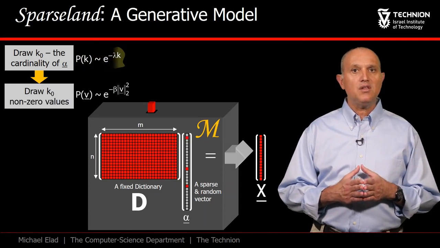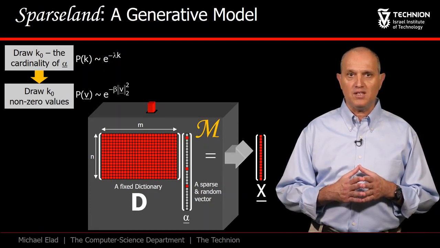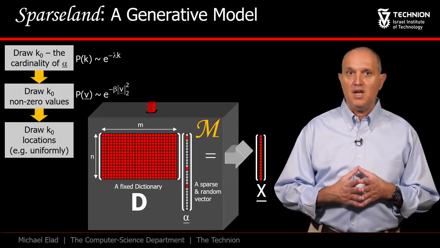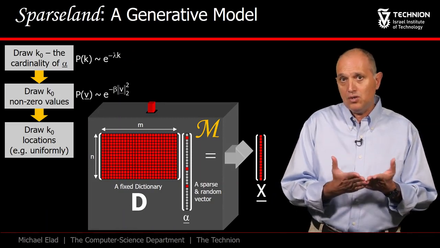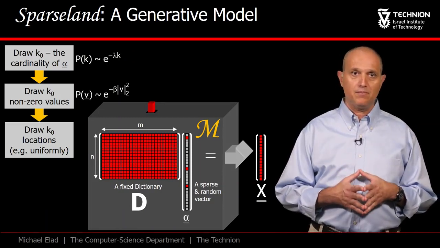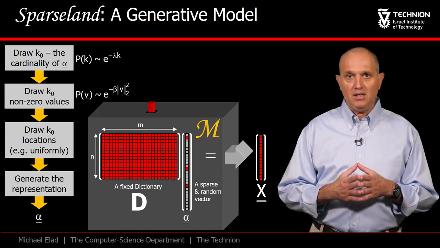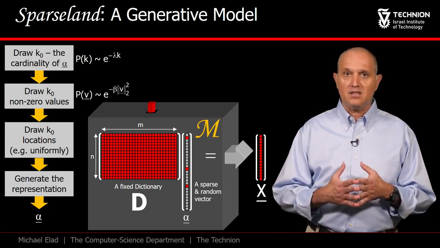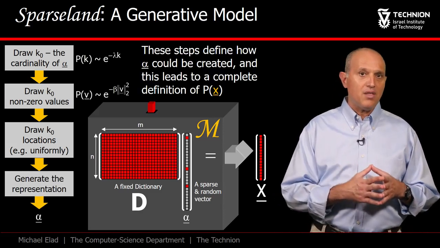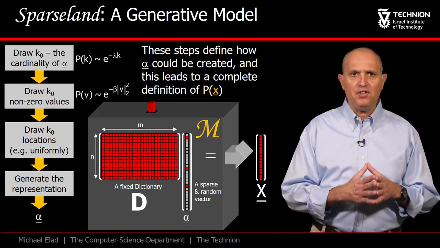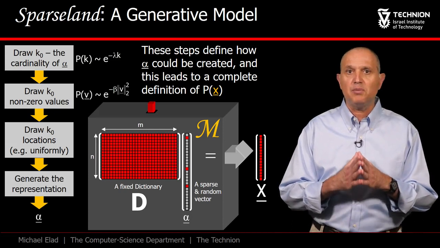We proceed by choosing the actual non-zero values to use, for example being multivariate Gaussians, and their locations, which could be drawn at random uniformly. All this leads to a vector alpha, and when multiplied by D, it leads to a random x at the output.